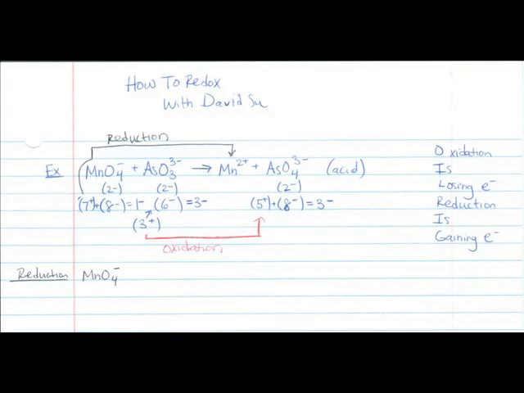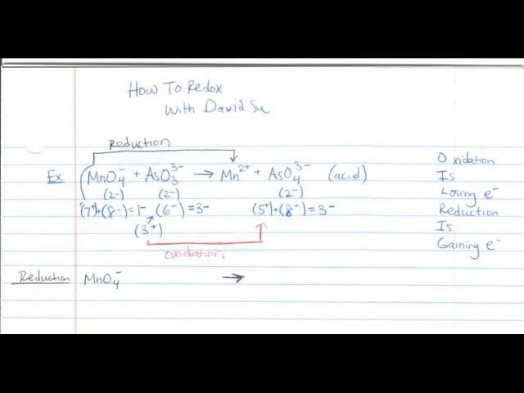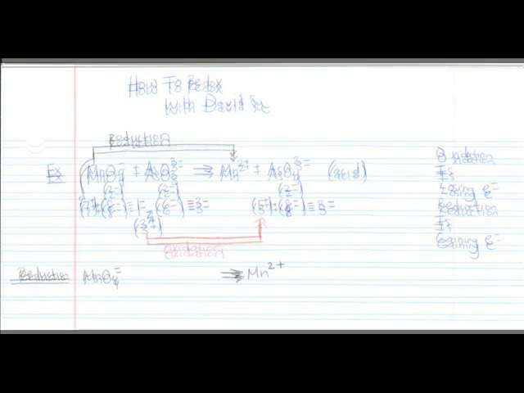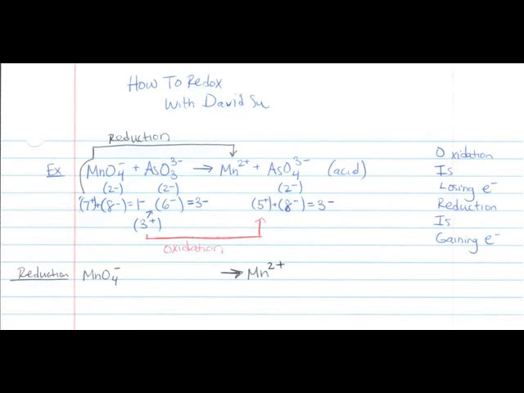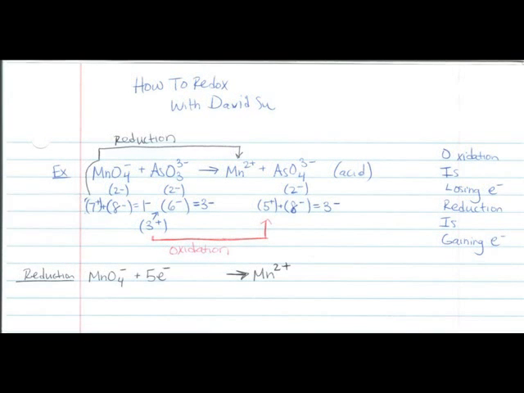MnO4 1 minus, leave a little space, put the arrow down, and then Mn2 plus. We left the space there because we're going to be putting things in that space. Now, remember when I said why it's being reduced, why I classify the manganese on the reactant side versus the manganese on the product side as a reduction, and that's because it's losing 5 electrons.